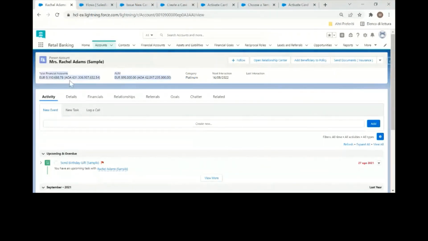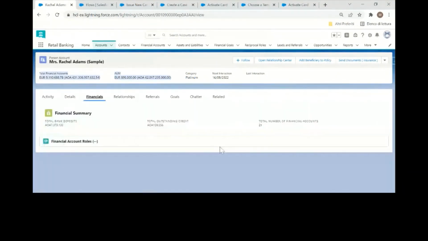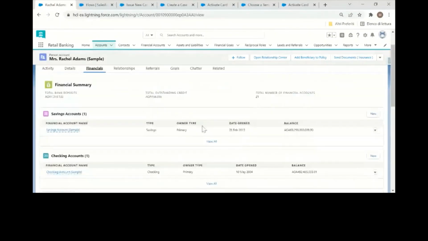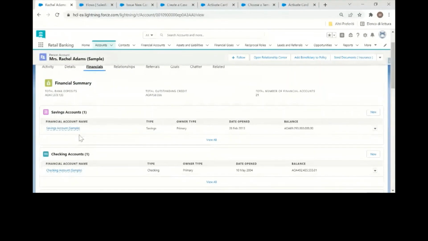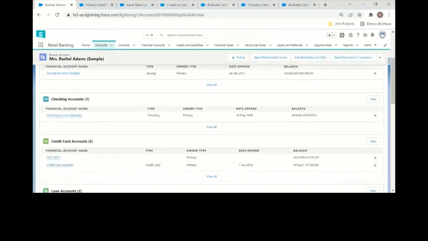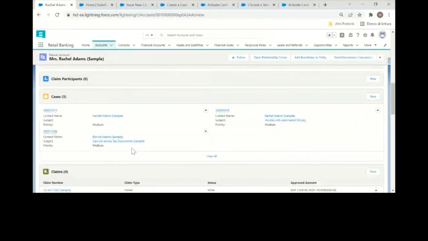So this is for this person's object, where we have various kinds of financial information of this account, and also we can have all the related objects, including case and other things.